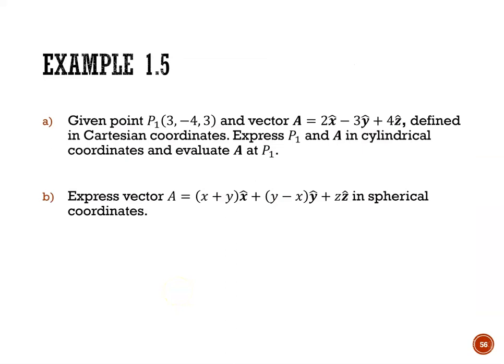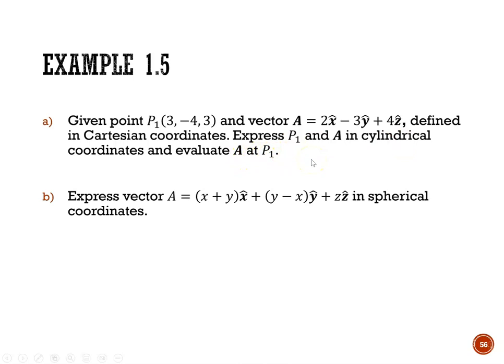So here in example 1.5a, you are given point P1 (1, 3, minus 4, 3)... and vector A equal to 2x hat minus 3y hat plus 4z hat. When you see x, y, z, immediately you will know this is the Cartesian coordinate system. The question asks you to express P1 and also its magnitude in cylindrical coordinates, so you have to change from Cartesian to cylindrical and evaluate A at P1.